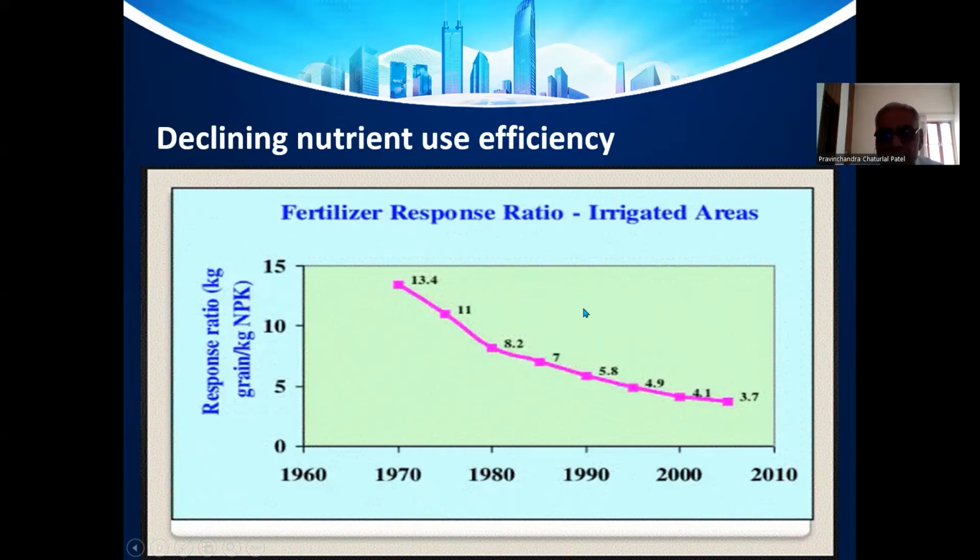But farmers are not bothered, and we apply excessive doses of chemical fertilizer for obtaining higher and higher crop production. But at present, we are not obtaining higher crop production because the farmers have made the soil dead.